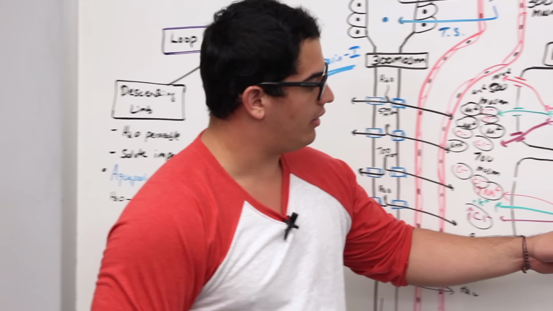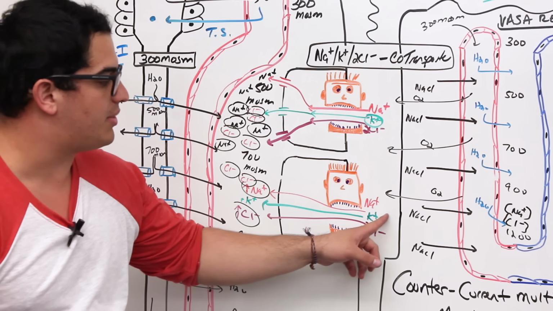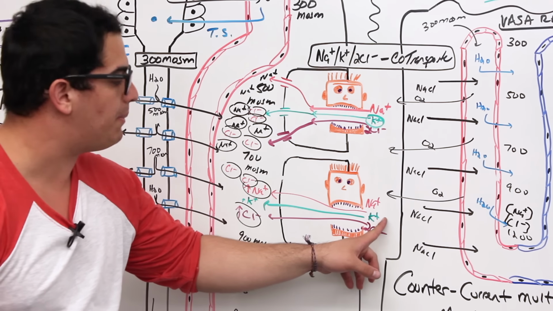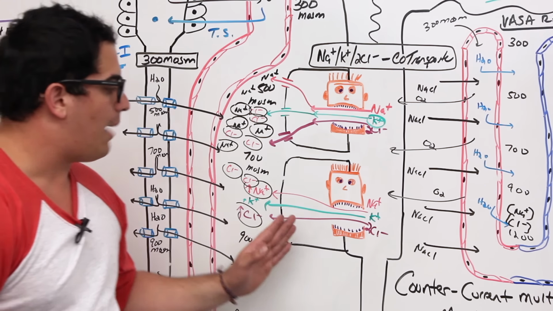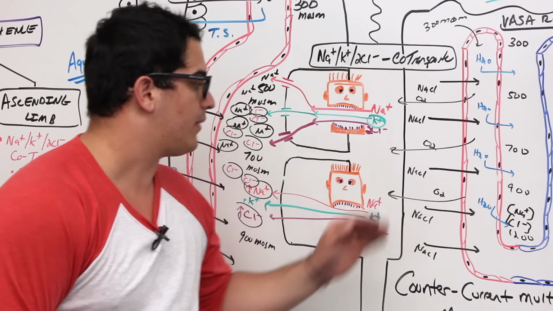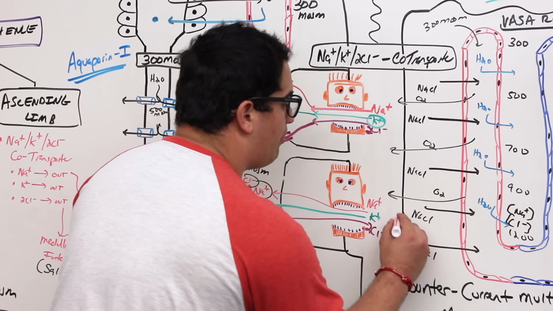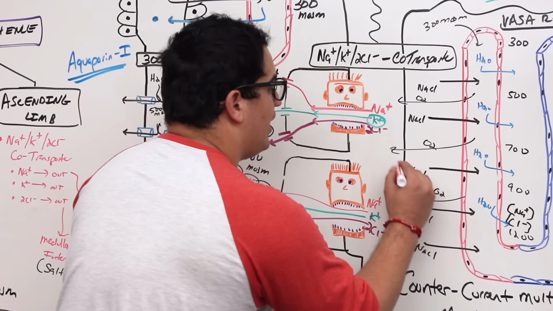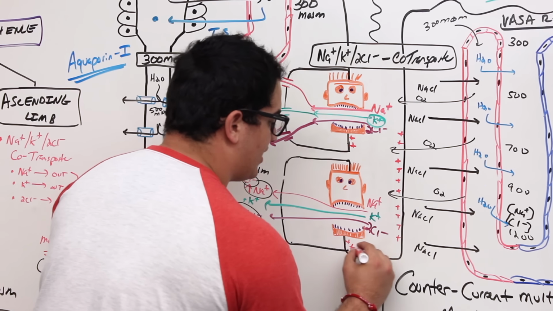I actually told you I was going to tell you something about that potassium, didn't I? Remember I told you that some of that potassium stays out here? What happens is some of that potassium gets released out. But some of that potassium actually gets pushed into the lumen of the filtrate. When it gets pushed in, it creates a depolarization of the inner side of the membrane of this ascending limb.